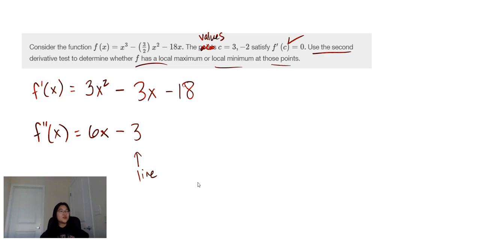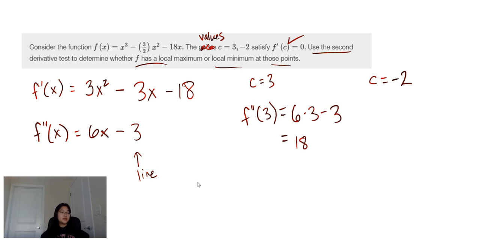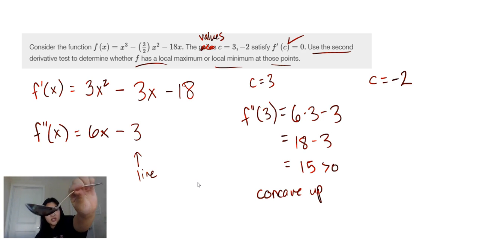We need to use the second derivative test to determine whether f has a local max or a local min at c equals 3 and at c equals negative 2. So let's just plug it in. f double prime at 3: 6 times 3 minus 3, 18 minus 3, is 15. 15 is greater than 0. So that means our function is concave up at x equals 3. Concave up means that we have what kind of extrema?